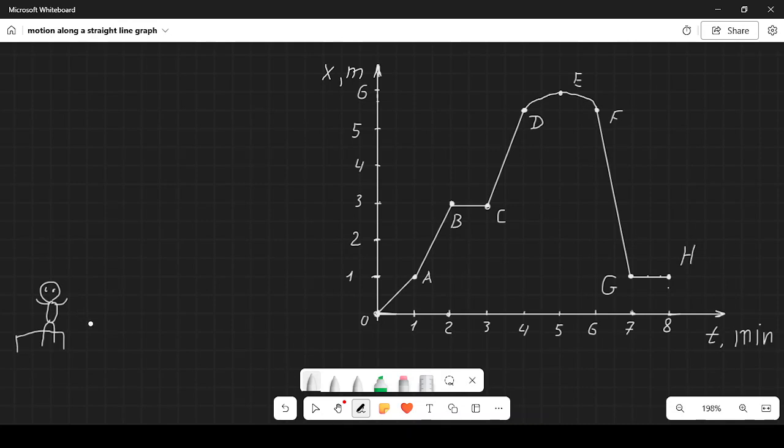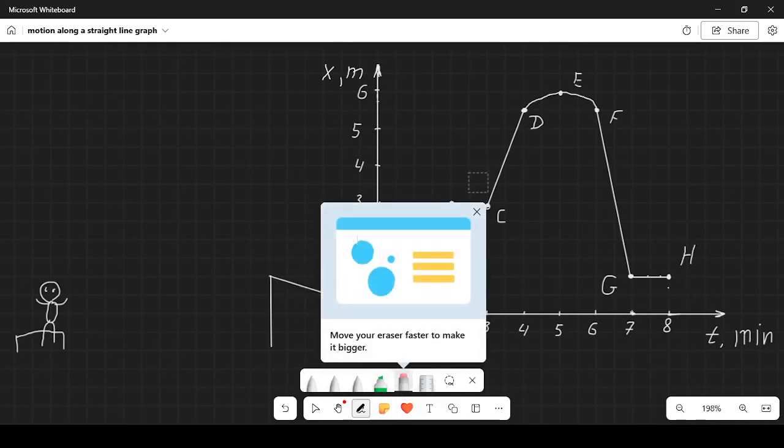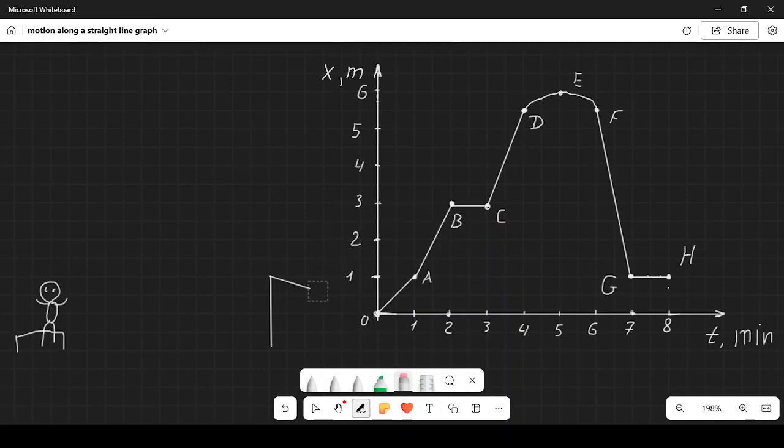And we have, let's say, a bar for training. We have a training bar here.